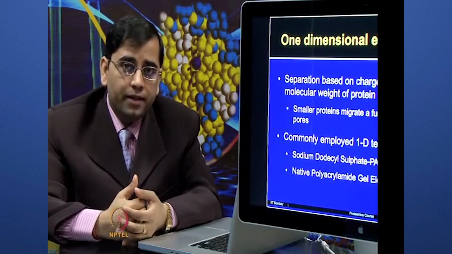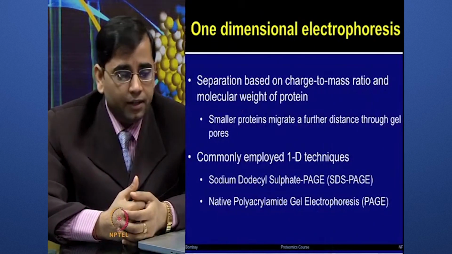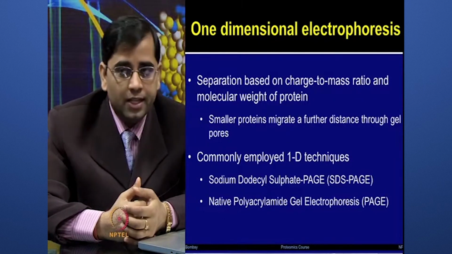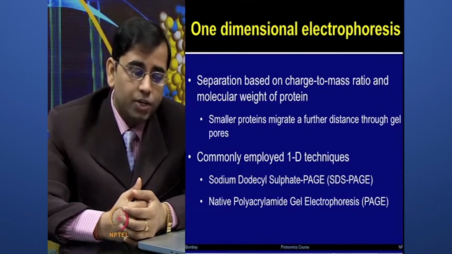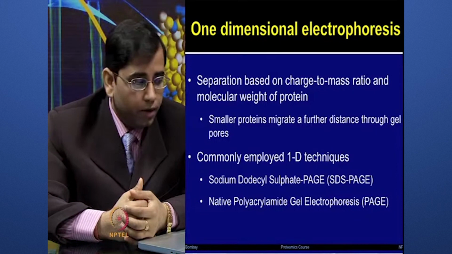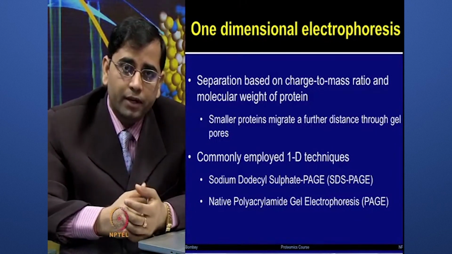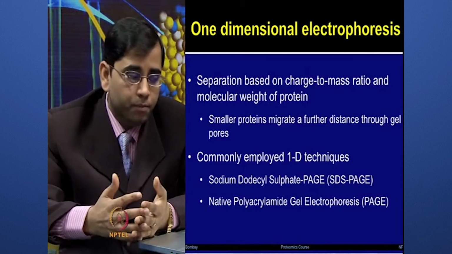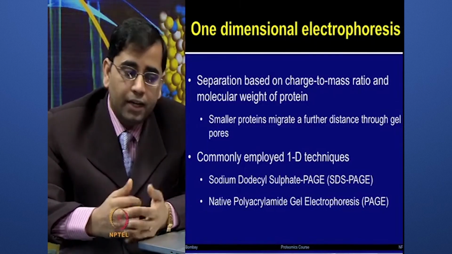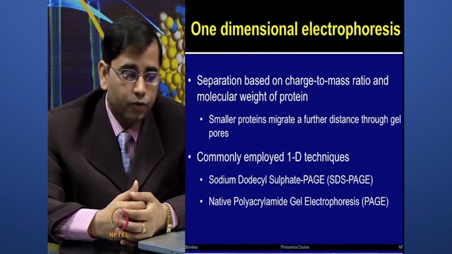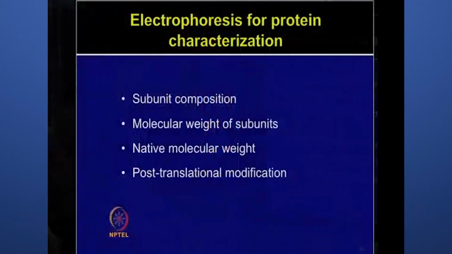Commonly employed one-dimensional techniques include sodium dodecyl sulfate PAGE, SDS-PAGE, or another technique used for studying the protein in the native form, which is known as native polyacrylamide gel electrophoresis or native PAGE.